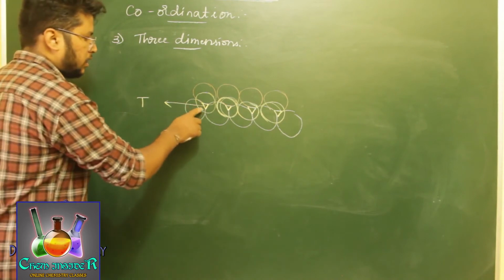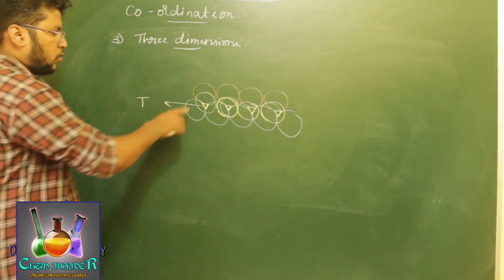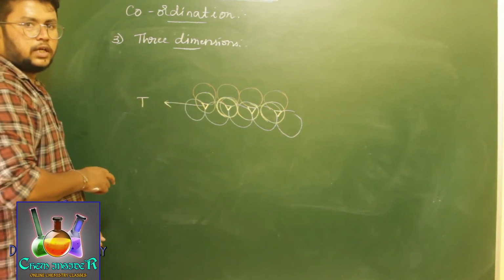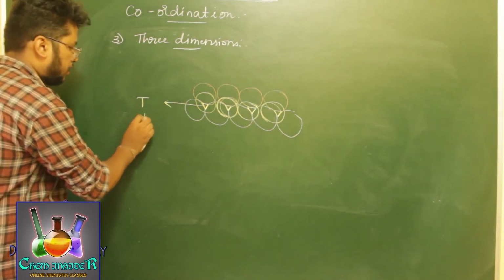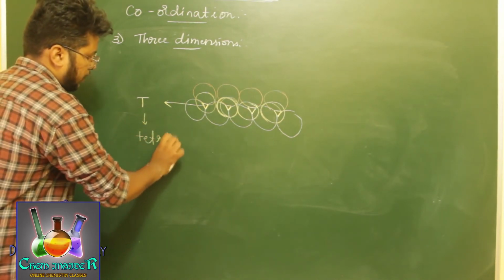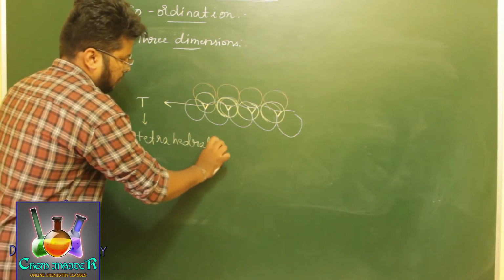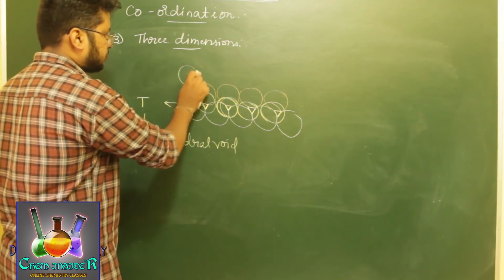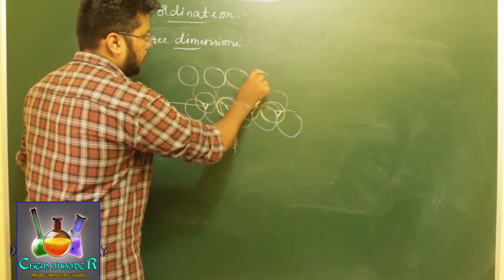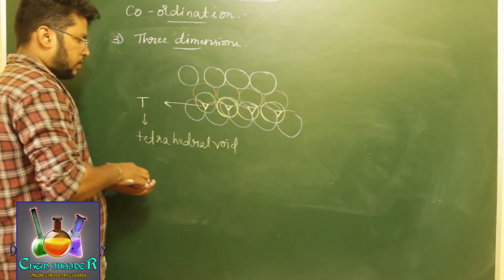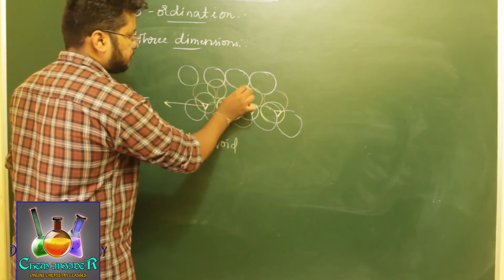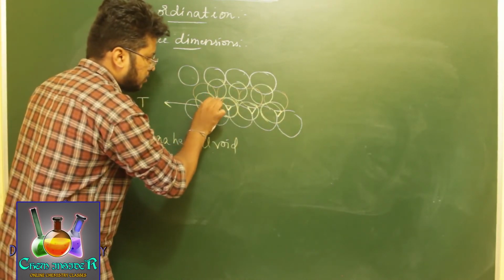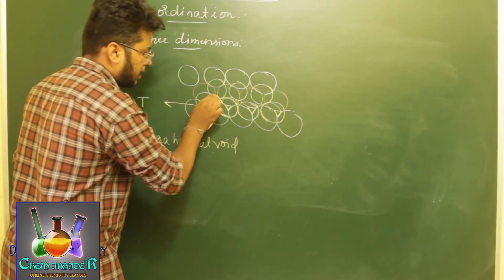A triangular shape of hole created by the first layer, which is overlapped by the third layer, C layer, is called a tetrahedral void. If you increase the number of atoms in this arrangement, and I write one more yellow layer over here, we can observe a triangle over here and a triangle caused by the yellow sphere.